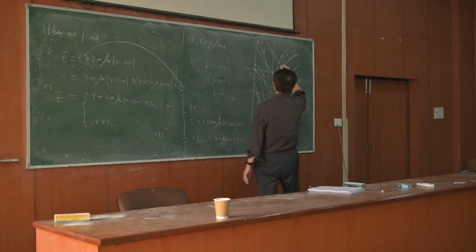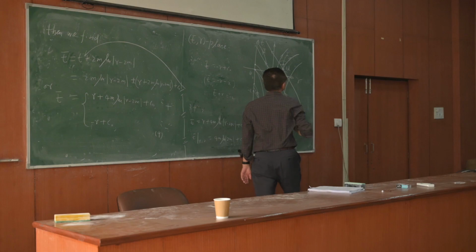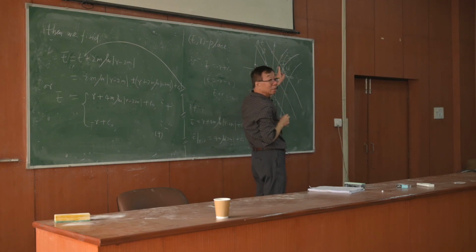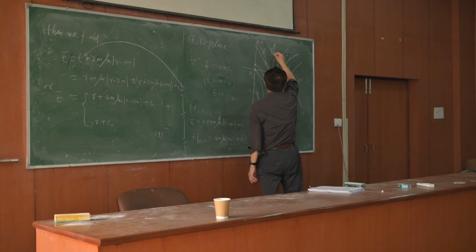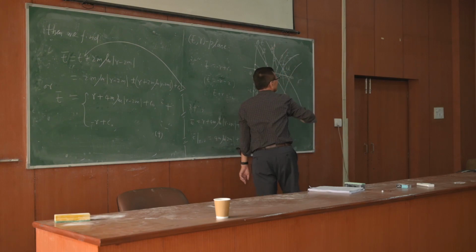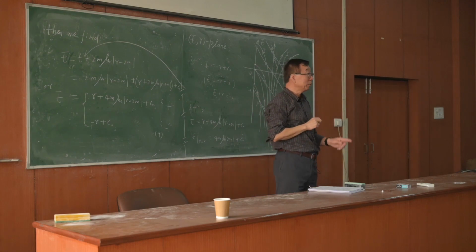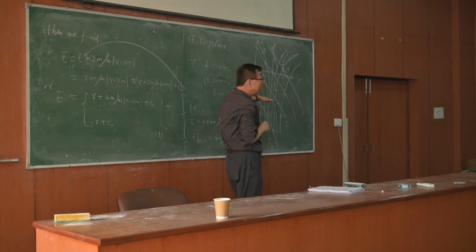You see this line, you can prove that only light can stay on r equals 2m. Once you hit it here, you have no choice to get back. The only thing you can do is move inside the black hole. So this gives us a clear picture.